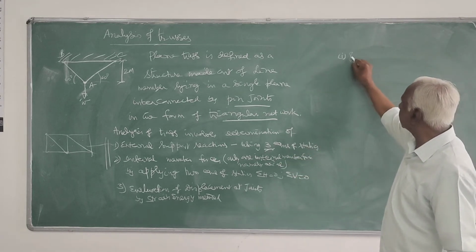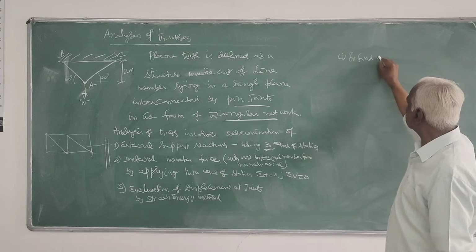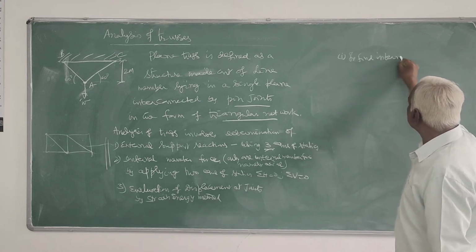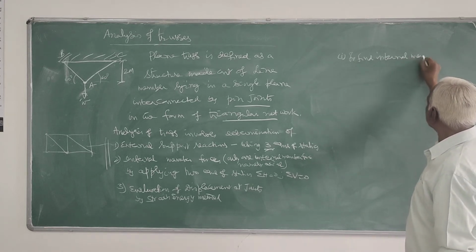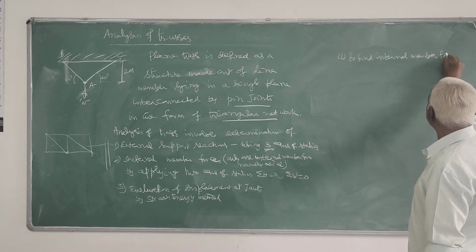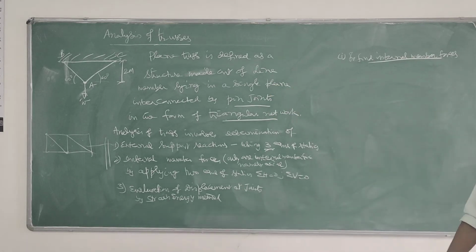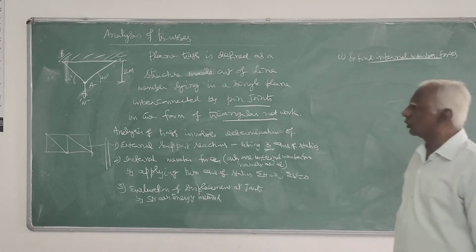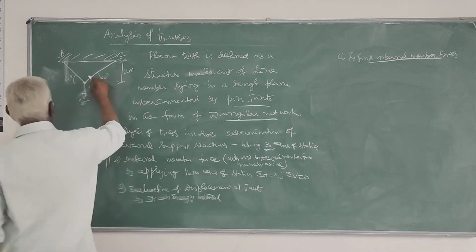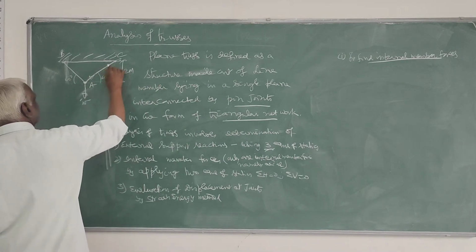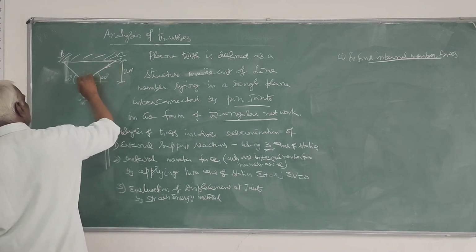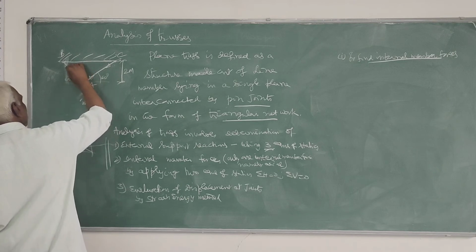So to find the internal member forces, here you have 2 members, AB and AC, so 2 member forces. There will be only one axial force in each, FAC and FAB.